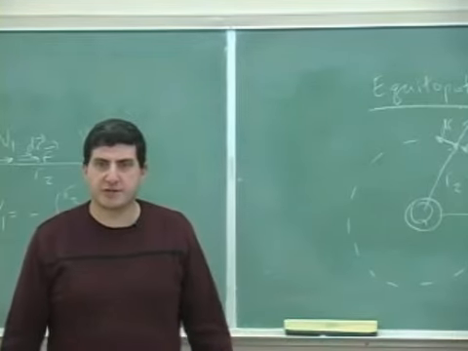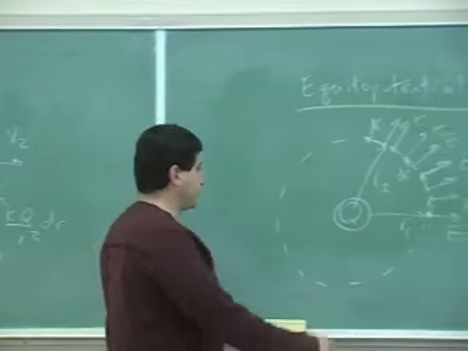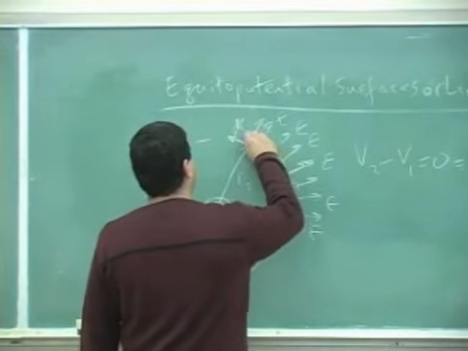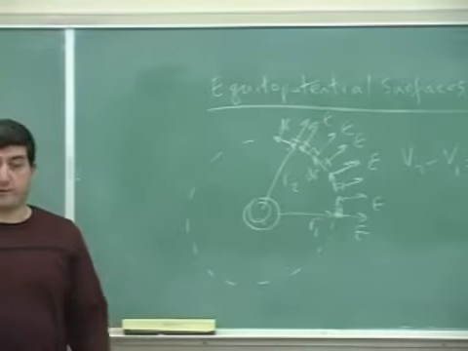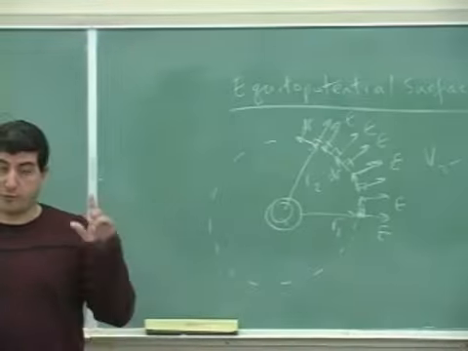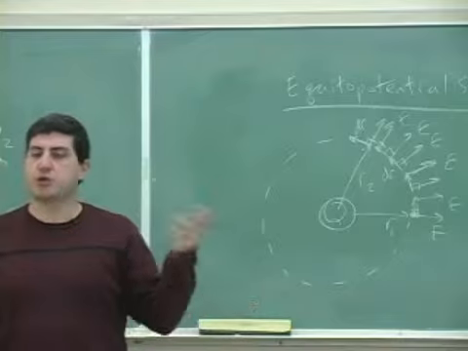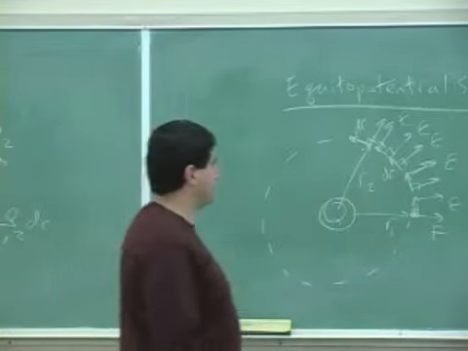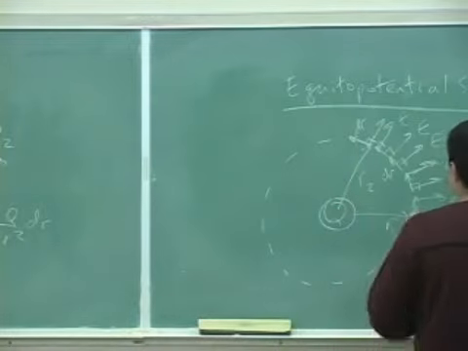The dot product of two vectors that are perpendicular is 0. So for a point charge, all points on a circle equidistant from that point charge are at the same potential. We call that an equipotential line or equipotential surface.